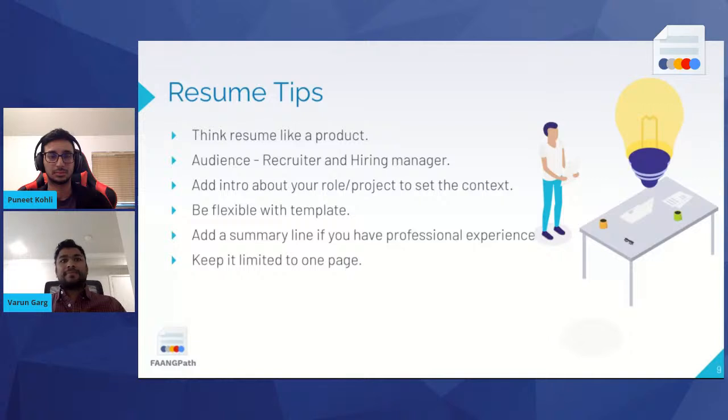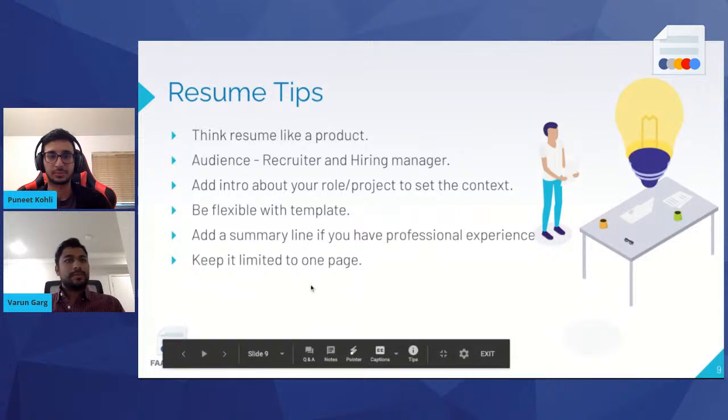I would say one page is your real estate. Just have it in a way that people can read and understand. That should be the goal. That is what has worked for me. And adding a one line summary is what I'm going to talk about as well, and keep it to one page.